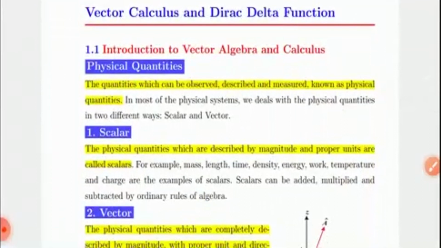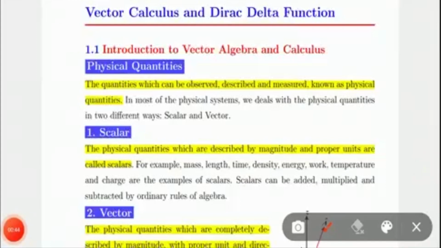Let us start with the basic concept of physical quantities. You see, the quantities which can be observed, described, and measured are known as physical quantities. Physical quantities can be divided into two parts. The first one is the scalar quantity, and the other is the vector quantity.